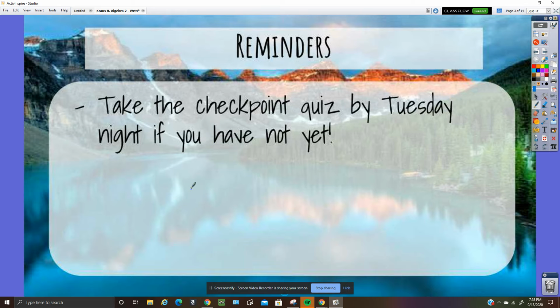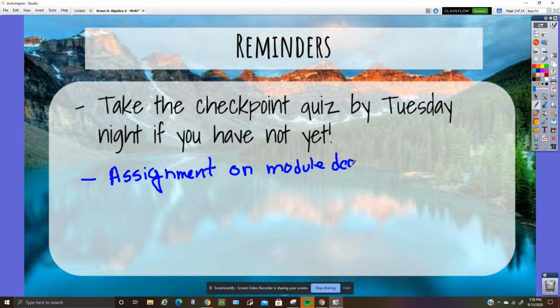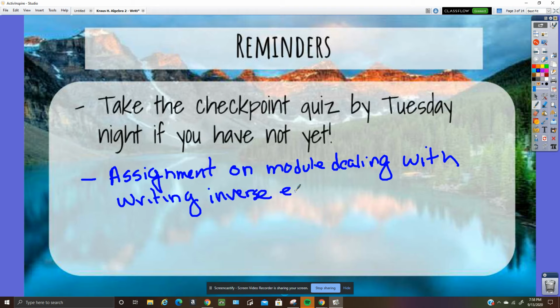So the assignment that's on the module, which will be a good practice for the assessment that we're going to do at the end of the week.